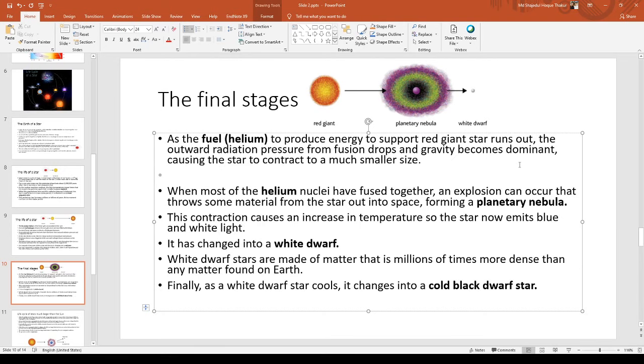Let me summarize this here. The fuel helium runs out, and then what happens? Radiation pressure also decreases, correct?